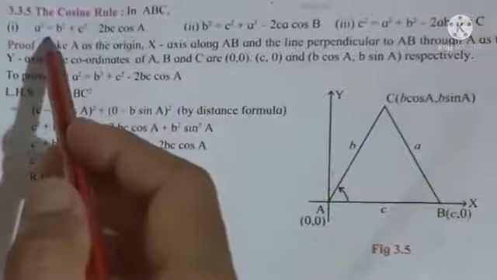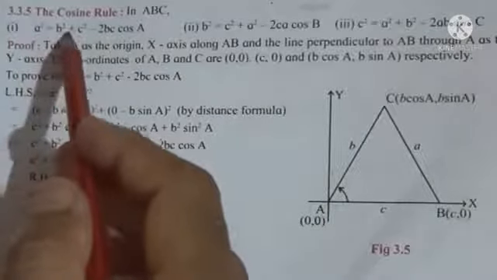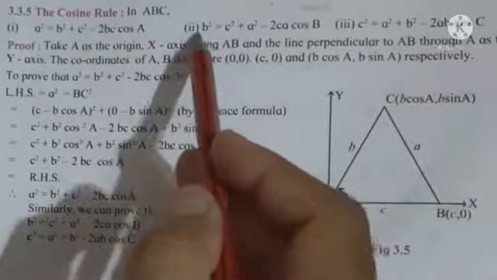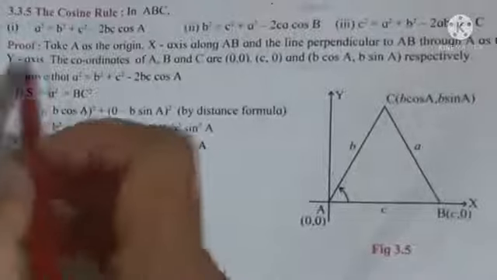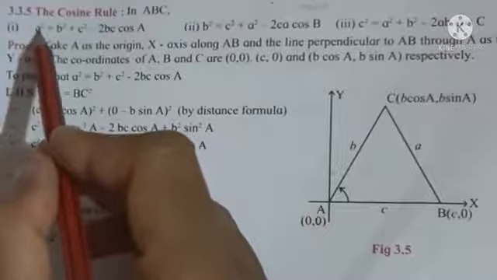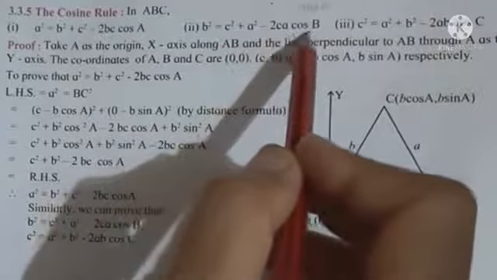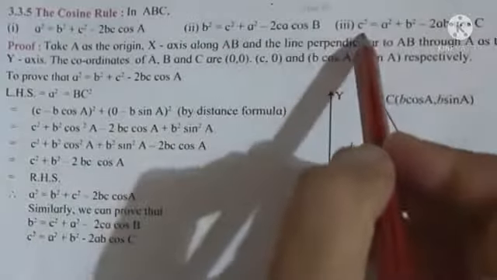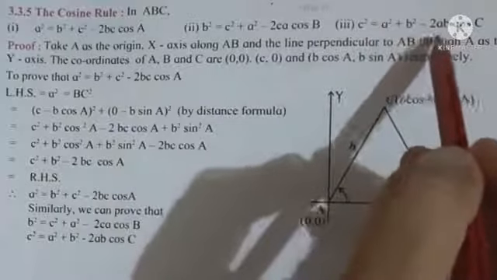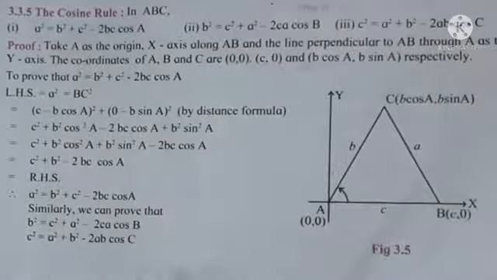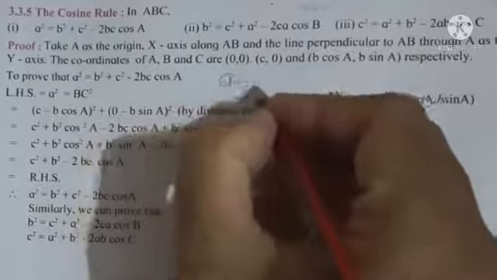In triangle ABC, a square is equal to b square plus c square minus 2bc cos A. Or you can write, you remember this cycle ABC, b square is equal to c square plus a square minus 2ca cos B, and c square is equal to a square plus b square minus 2ab cos C. You remember a, then b, and then c, this cycle.